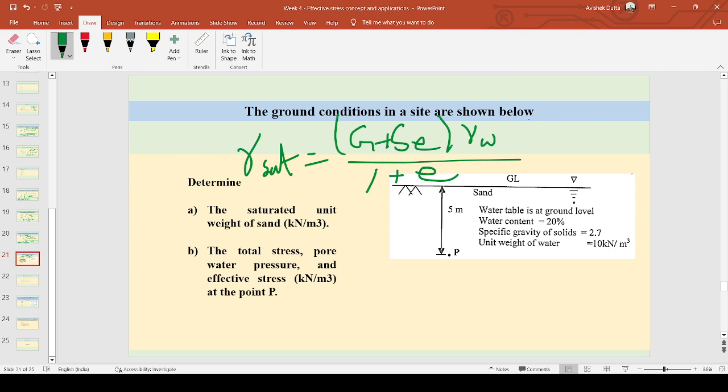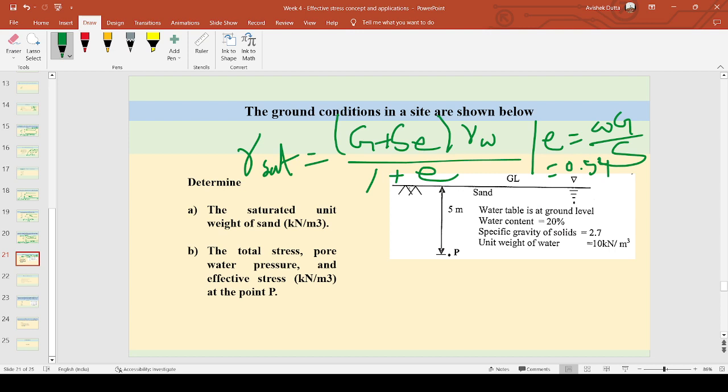How to find out the value of E? E is equal to W G divided by S. Now it is saturated, S equals 1, W equals 0.2, G equals 2.7, we get the value of E as equal to 0.54. 2.7 into 0.2, 0.54.